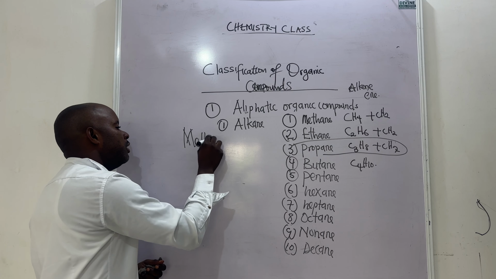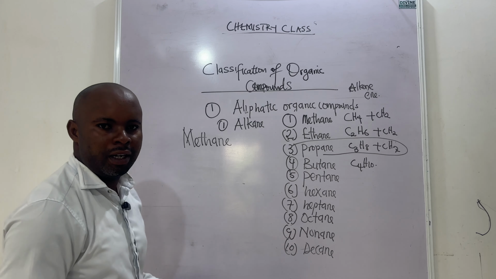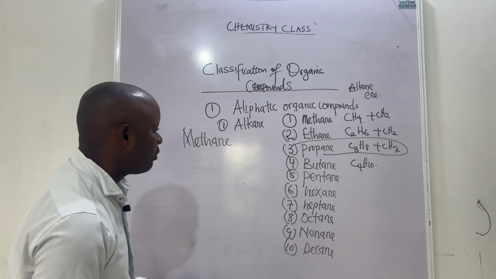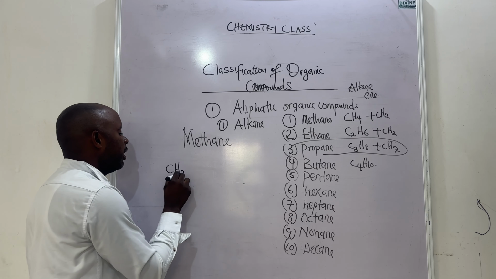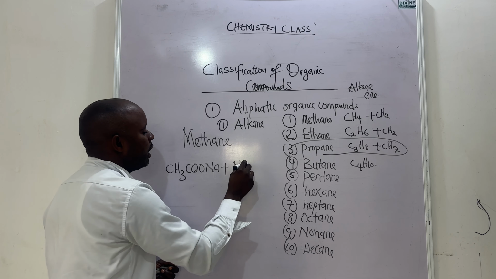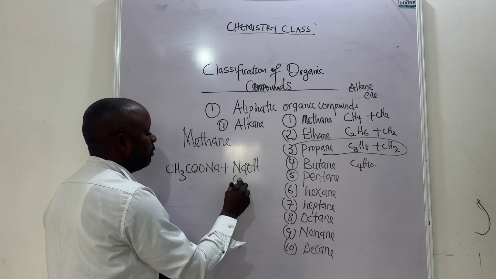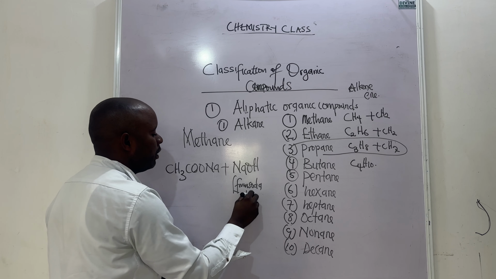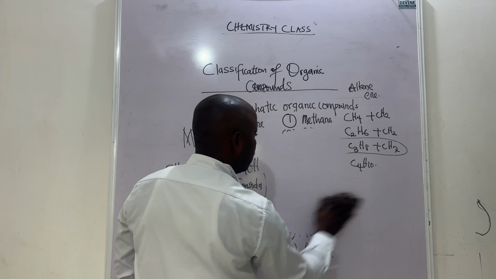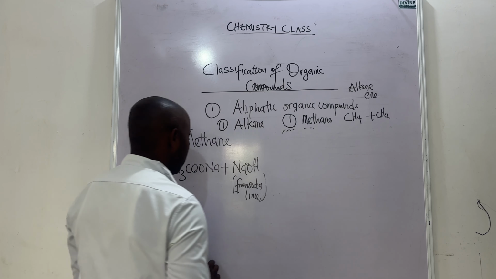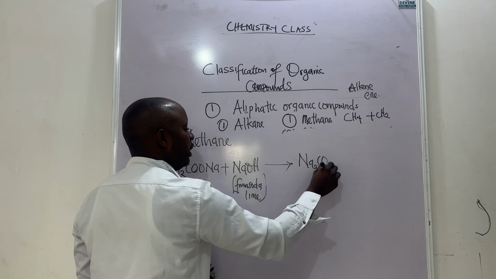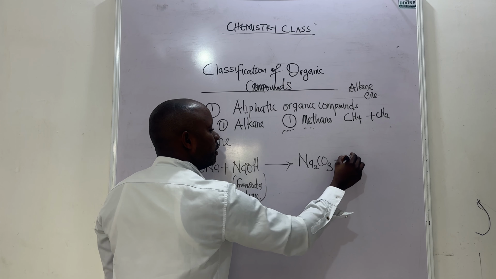Methane can be obtained by reacting sodium ethanoate, CH3COONa, with soda lime, from which we get sodium hydroxide. This gives sodium carbonate, Na2CO3, plus CH4.